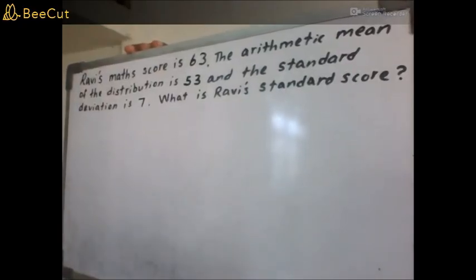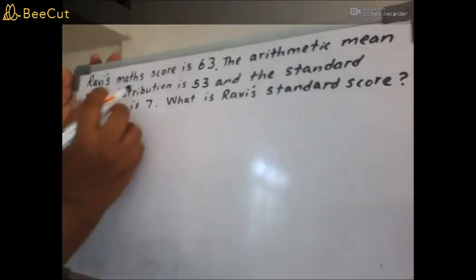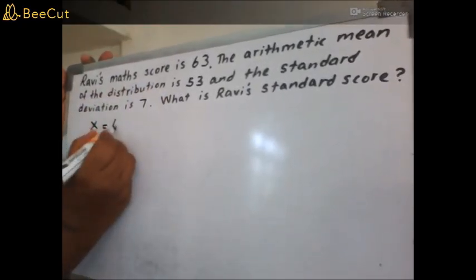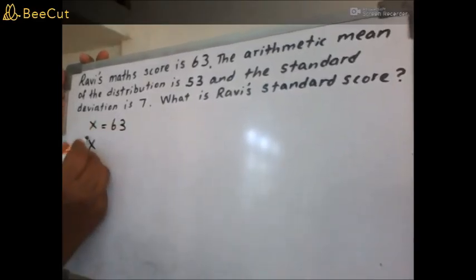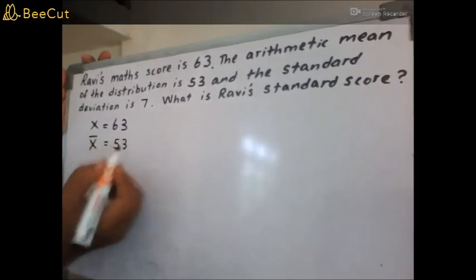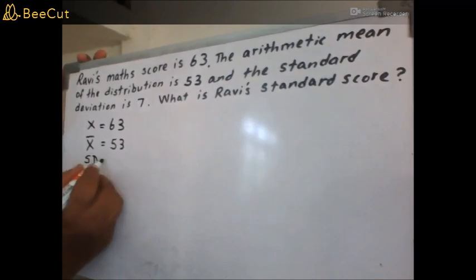Now we'll find what they have given. Ravi's math score is 63, so X is 63. The arithmetic mean, X bar, is 53, and the standard deviation, SD, is 7.